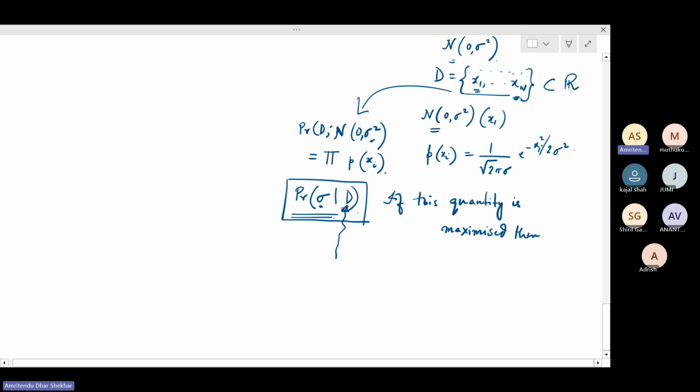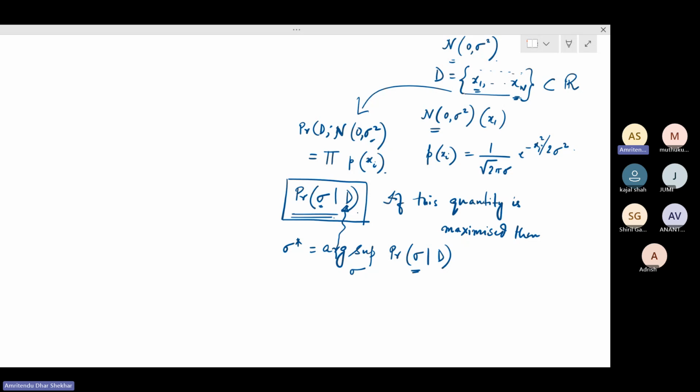let's say I take the sup over all sigma that is possible of the probability of sigma given this data D. If this quantity is maximized, and we call the sigma for which this happens sigma star, I can say that sigma star is a good estimate for my model, right?